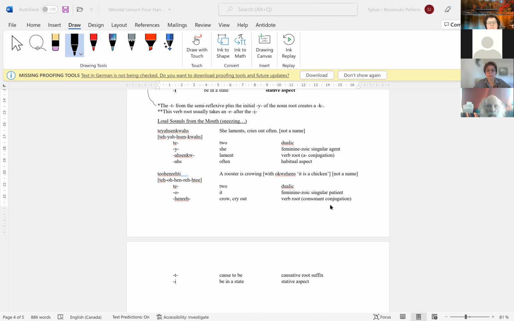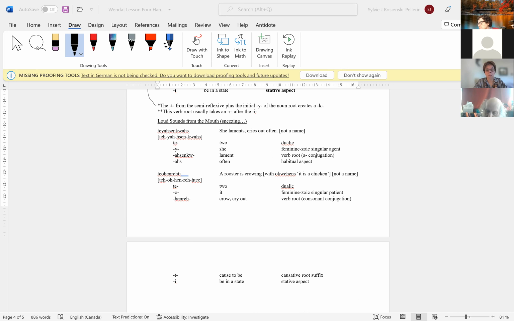They would use the same thing. The verb to lament, asenqua, is an a conjugation verb, right? Because it begins with an a. And again, here we have the habitual aspect.